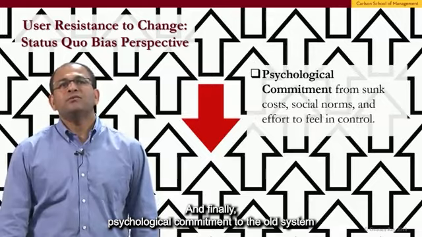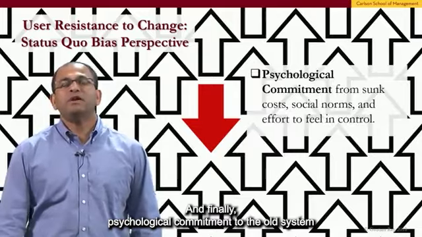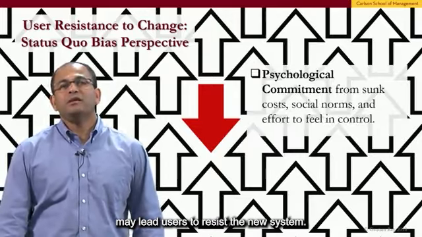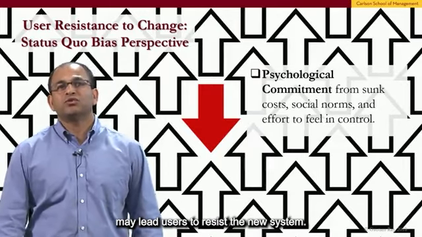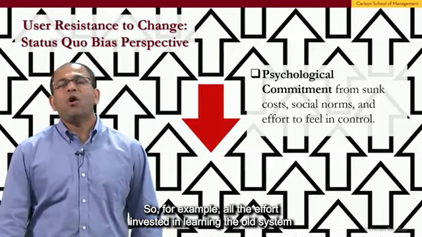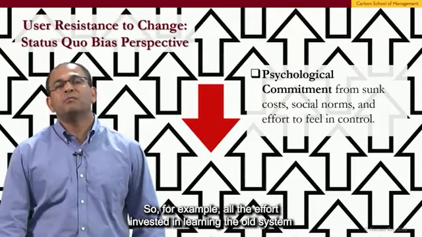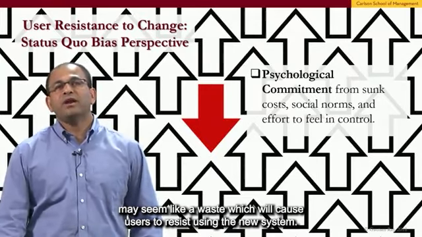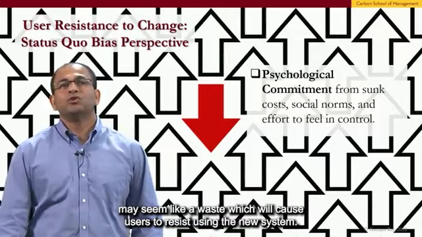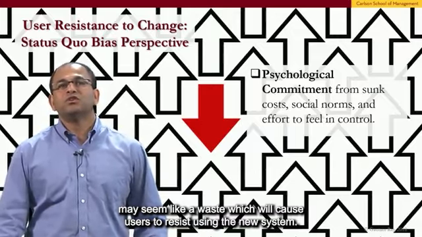And finally, psychological commitment to the old system may lead users to resist the new system. So for example, all the effort invested in learning the old system may seem like a waste, which will cause users to resist using the new system.